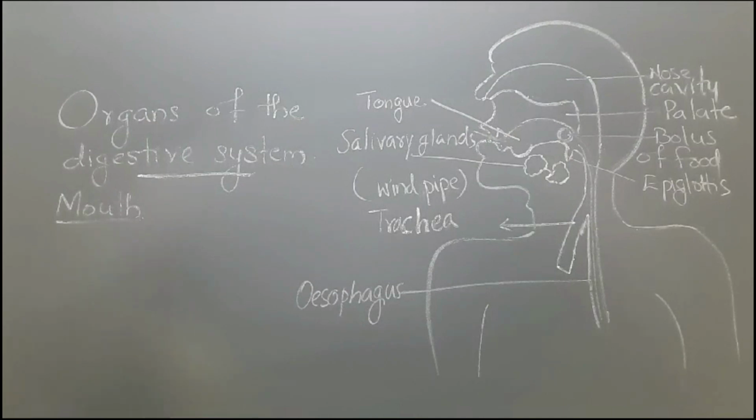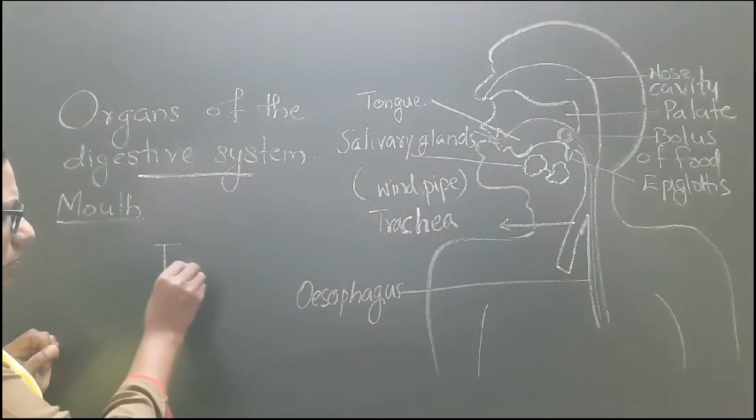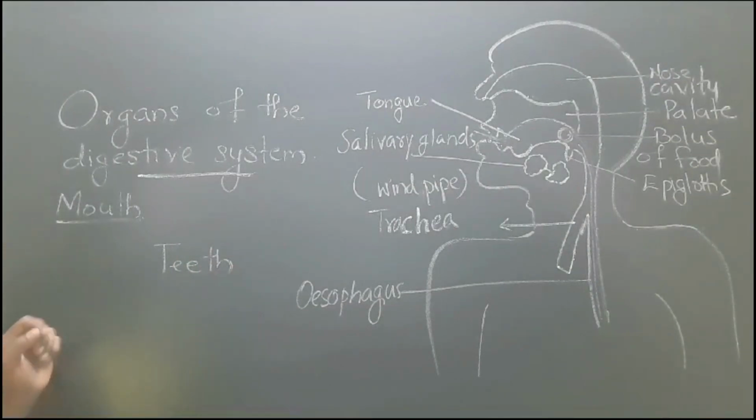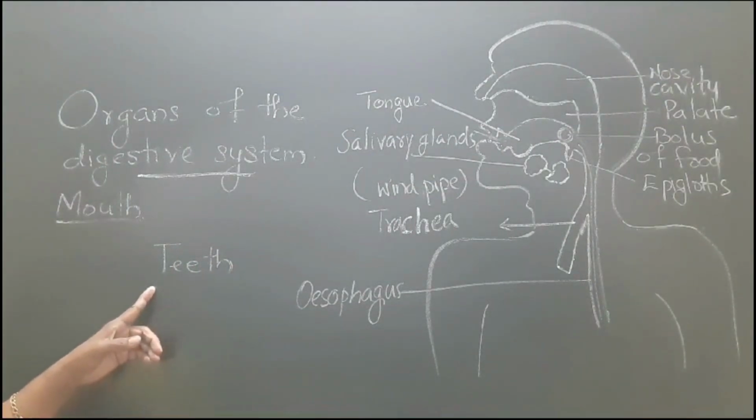Now, what is involved in chewing? Mastication means chewing. So, what is involved in mastication or chewing? Teeth. Without teeth we cannot chew.